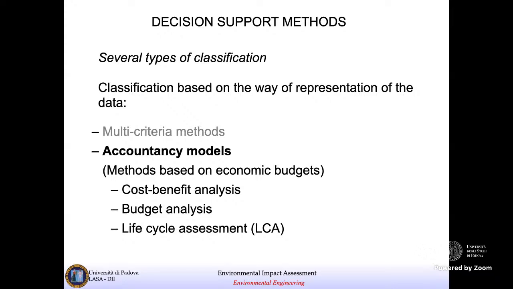But there are some subtle variations of this, like the budget analysis, and more specific ones, like the life cycle assessment. So I recall to you that life cycle assessment, as well as budget analysis, as well as cost-benefit analysis, are all accountancy models that may be employed for building decision support systems.